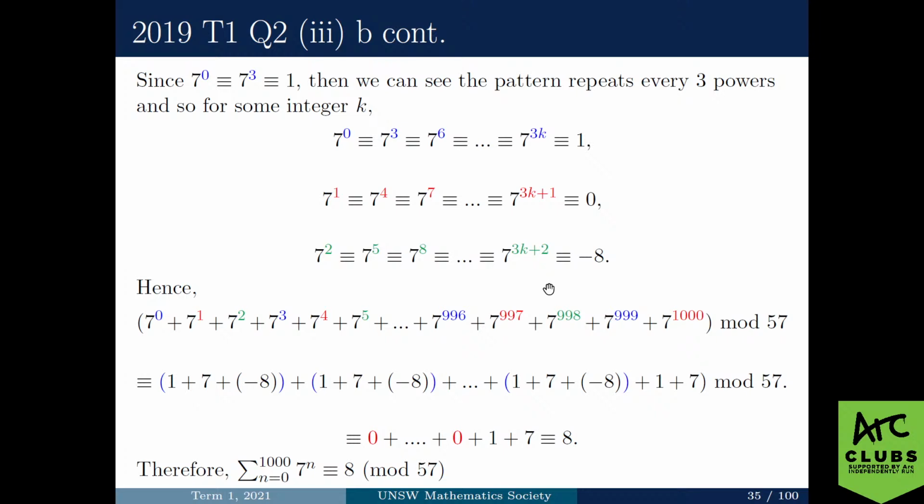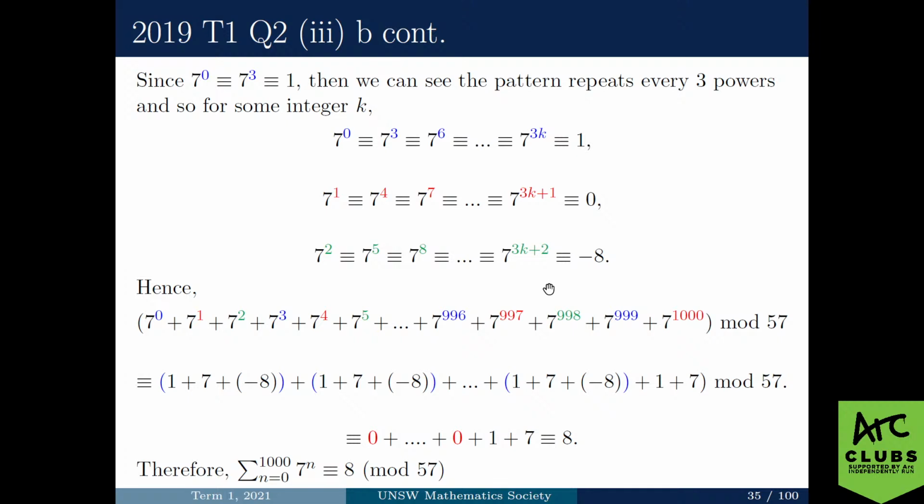So we get zeros all the way up to 7 to the power of 998, not including that one. So what we're left with is 7 to the power of 999 and 7 to the 1000. So all we need to do is calculate those two, and we can have our answer.